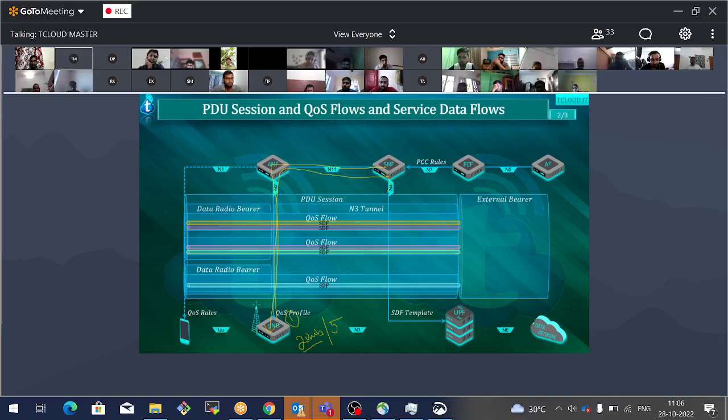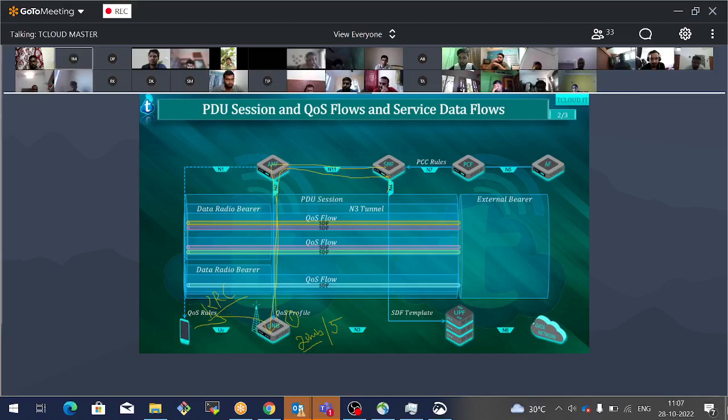Once it says it will provide it, the GNodeB starts communicating with the mobile using the RRC protocol and starts creating the needed things, like the required radio bearer.